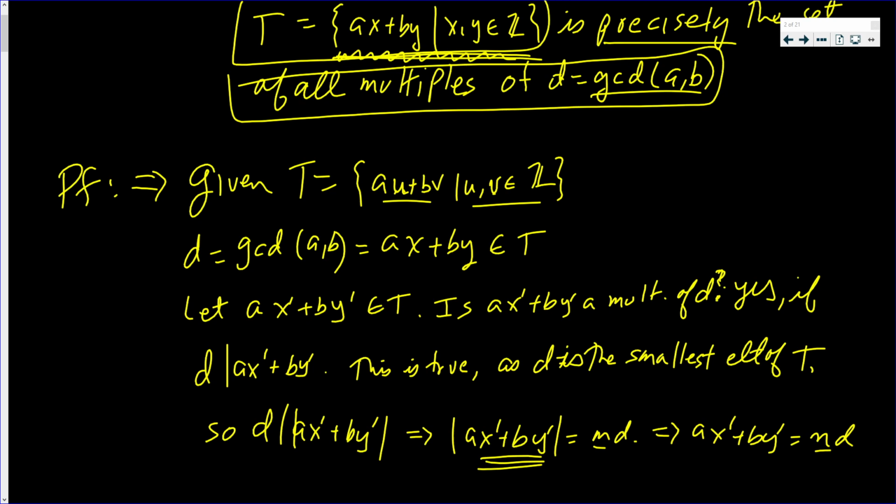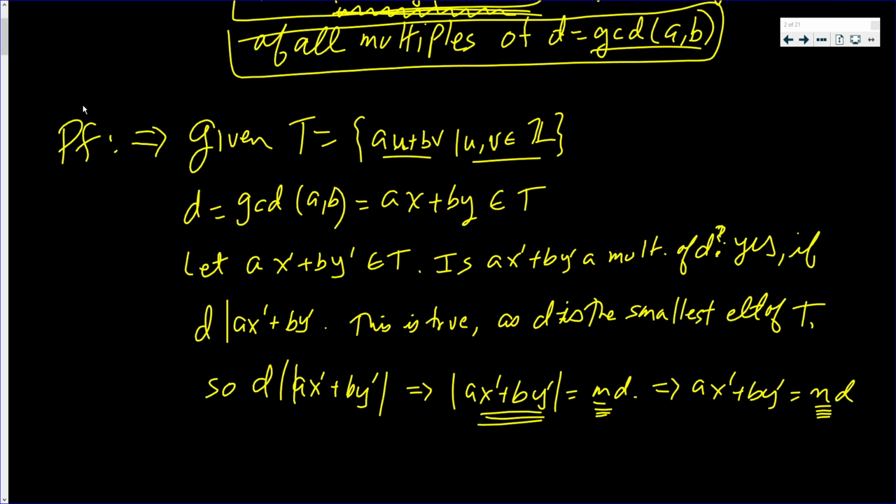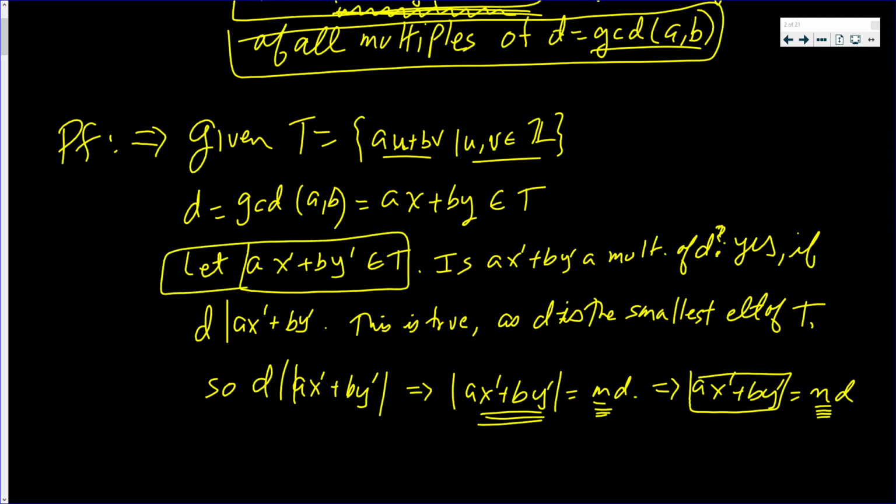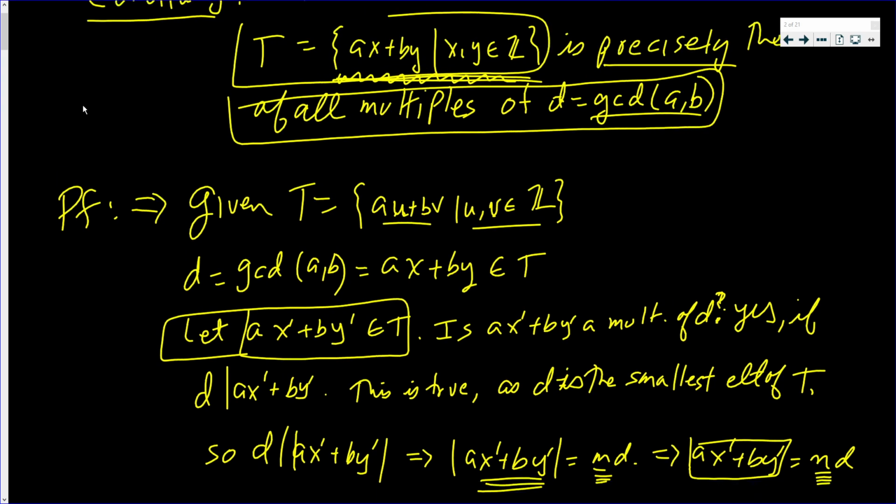Like, if this n is -7, well then this n is +7. But that's what I wanted to show: I picked an arbitrary element in T, and I showed that it's a multiple of D. That's all I wanted to show.